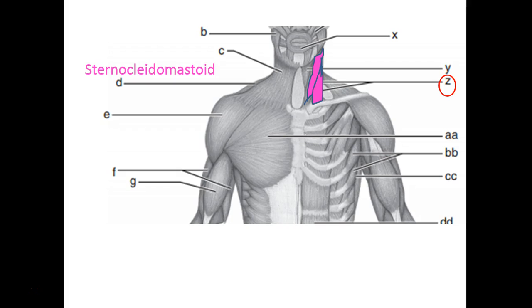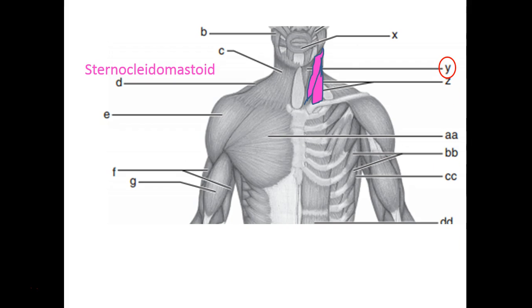The one end of the muscle is going to attach to the sternum and the clavicle. So sterno for sternum, cleido for clavicle, and then it's going to attach to the mastoid process, which is that bump behind the ear, that lump on the temporal bone. So by looking at the name of this muscle, you can tell where it's running, sternocleidomastoid, from the sternum and the clavicle to the mastoid process. And so that is Z, or number 29.